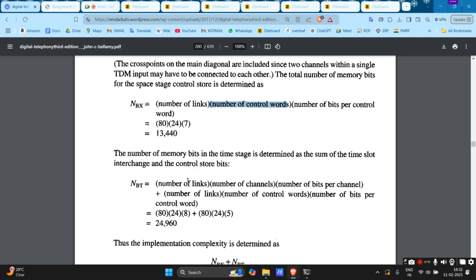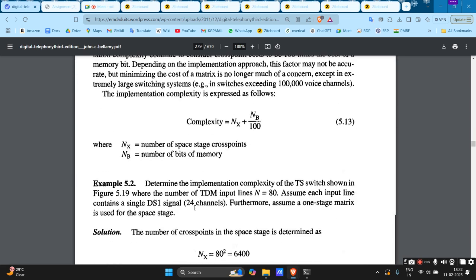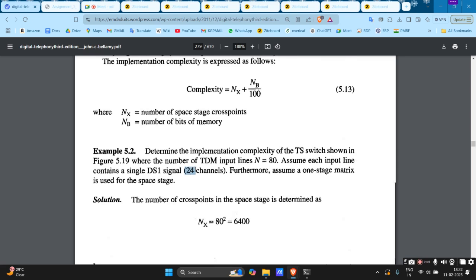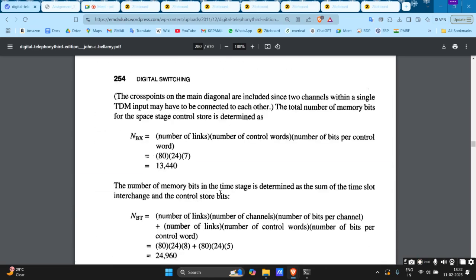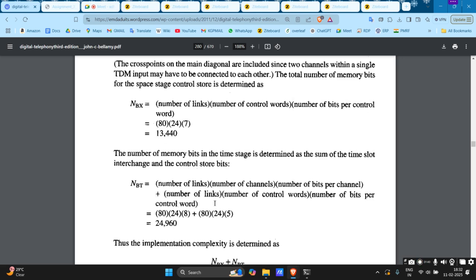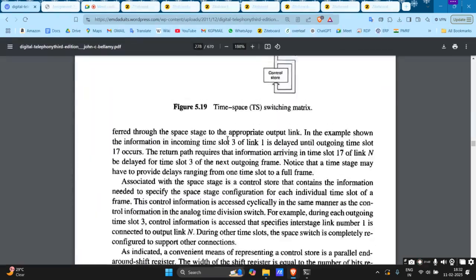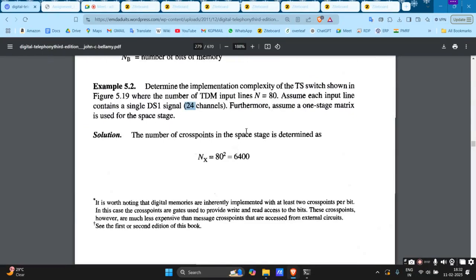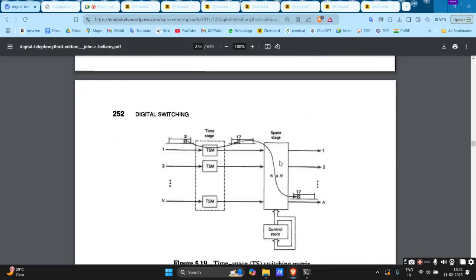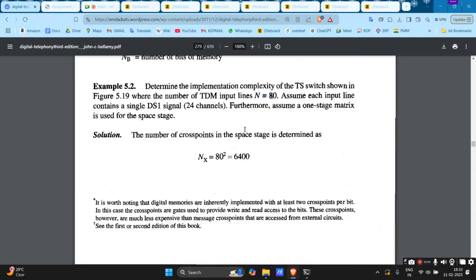And the number of bits per control word: how many bits do you need to represent 24 possibilities? 2 to the power 5 is 32, so 5 bits. Since in the space stage there are n switches, the number of control words will be simply proportional to that.